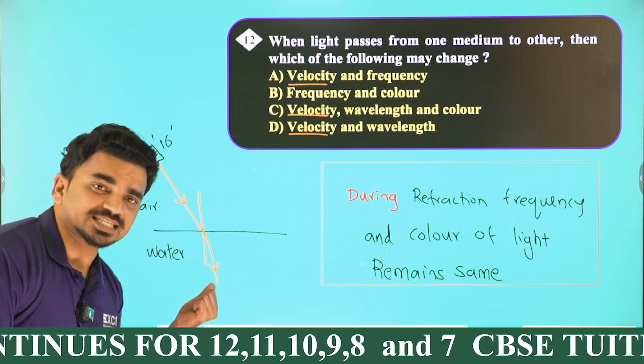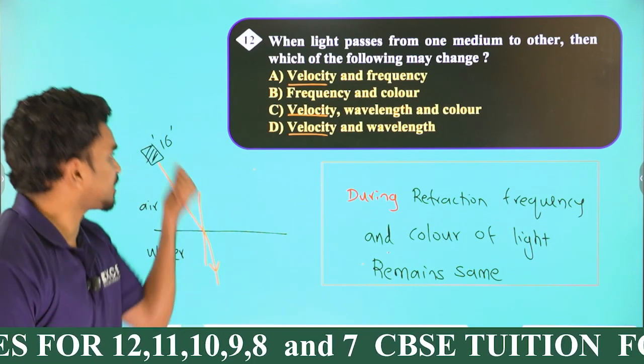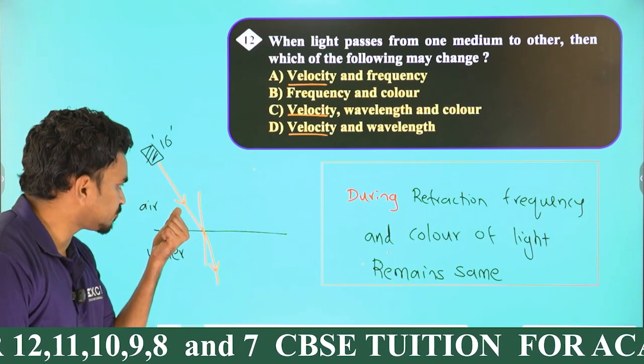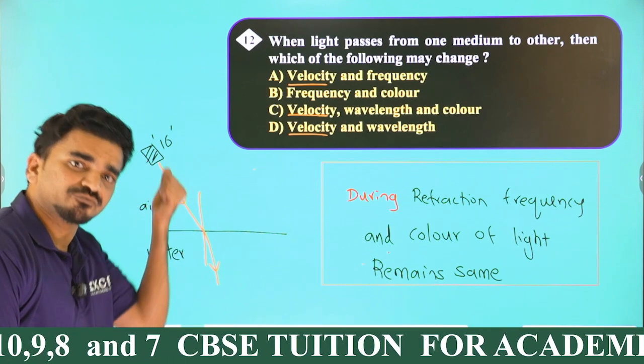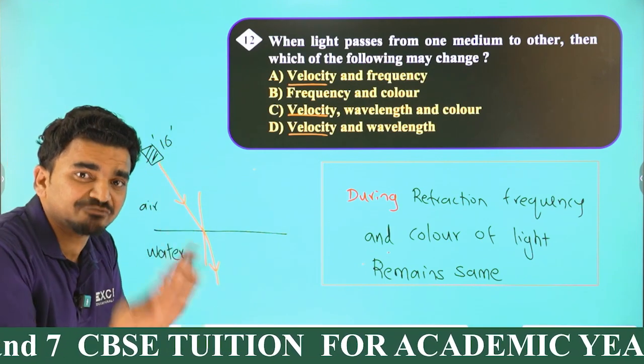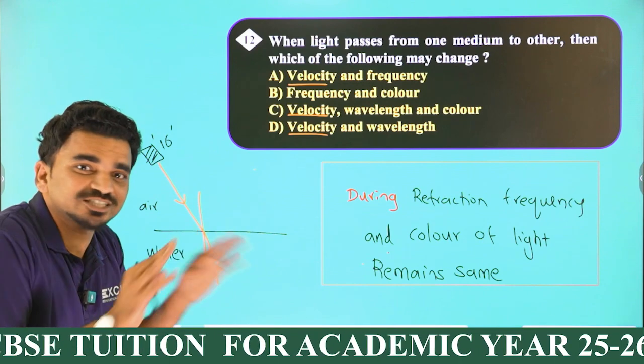Where is this light coming from to the water? From my phone. Where is this light coming from to the air? From my phone. Are the sources different here? No, the source is not different.